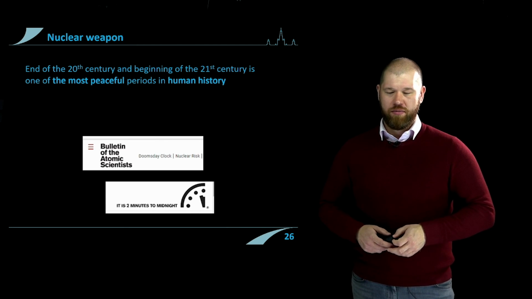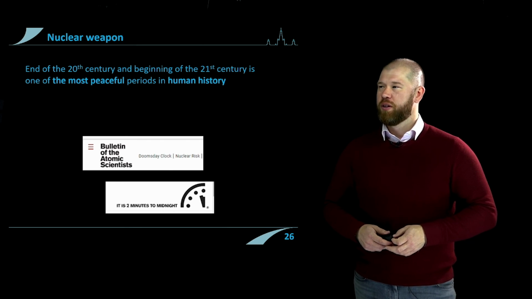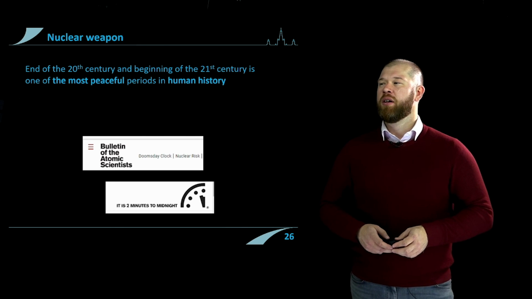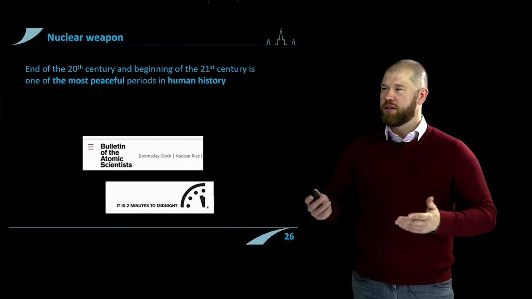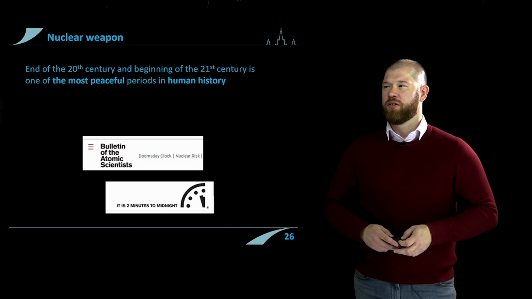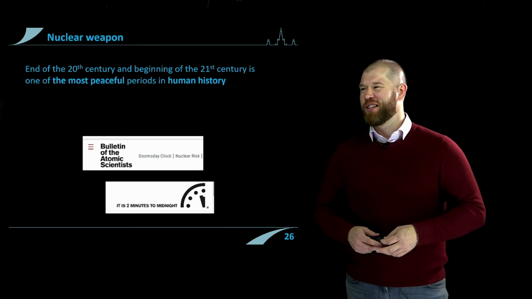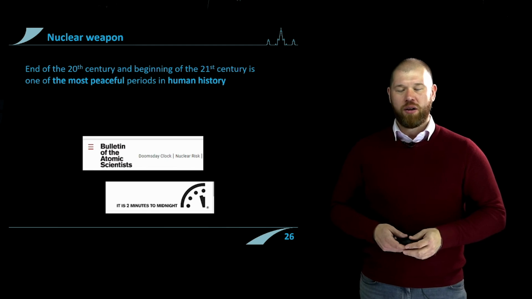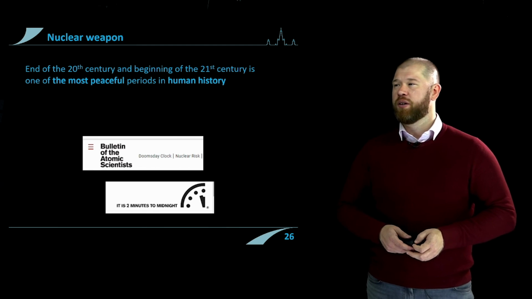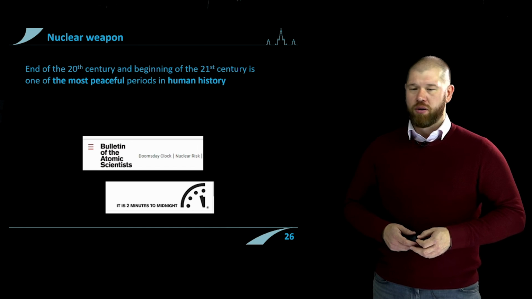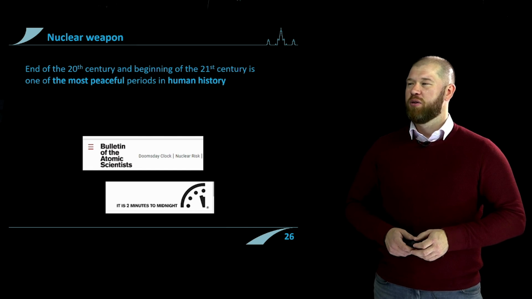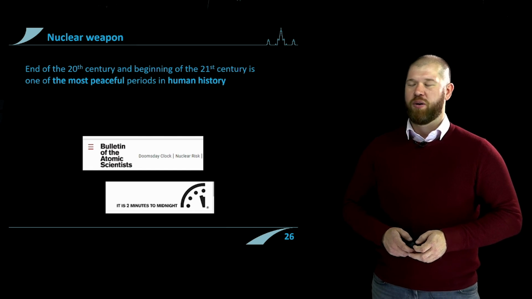But despite all the negative sides of the nuclear weapon, scientists say that the end of the 20th century and the beginning of our 21st century is one of the most peaceful periods in the whole history of humankind. Because if one side uses the nuclear weapon, then there will be no chance for humankind to survive.